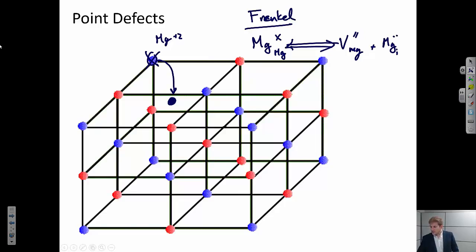So the magnesium now is 2+, and because it's on an interstitial site, we say that has 2+ charge. So one of the things you can see with this notation is that the charge on both sides of the reaction is equal. On the left side, we have neutral, no charge. On the right side, we have -2 and +2. So again, it comes out to be neutral.